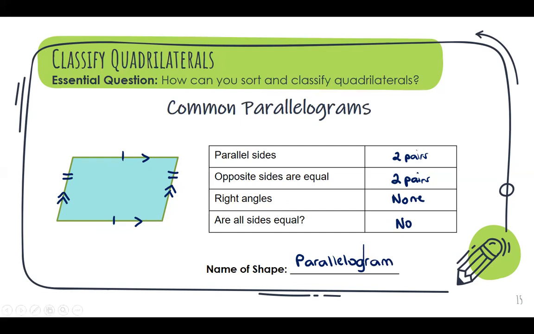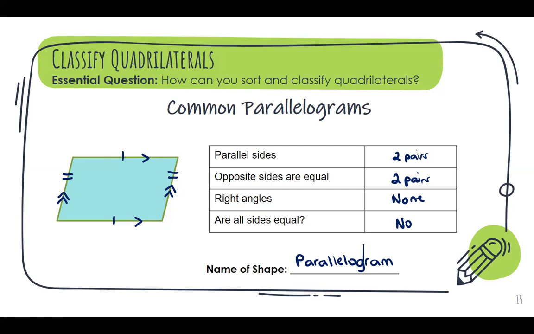To summarize our lesson for today, for parallelograms, there are four kinds of them. We can call them a parallelogram. If it has all four right angles, we can call it a rectangle.